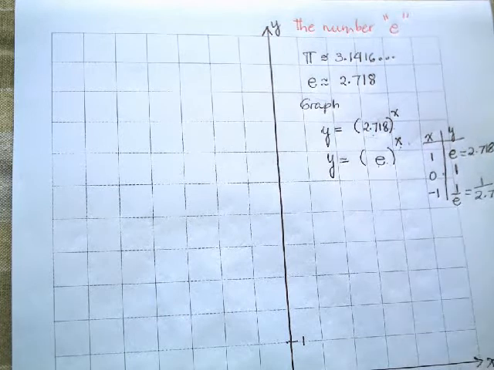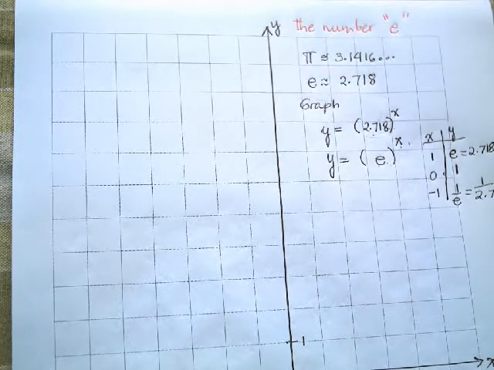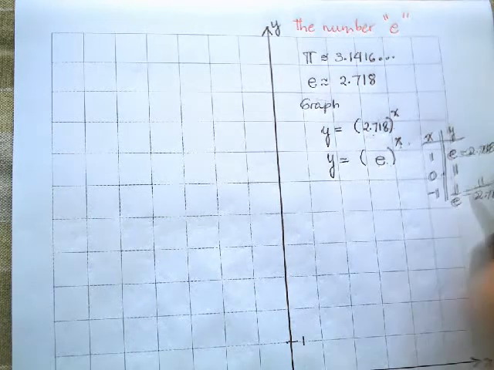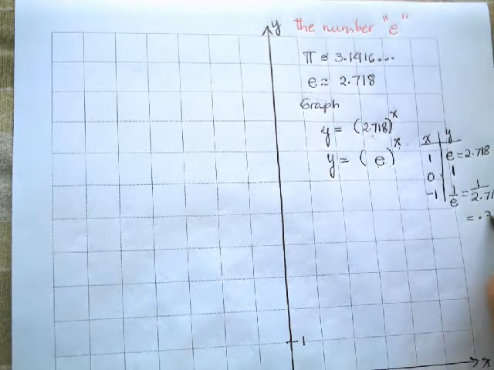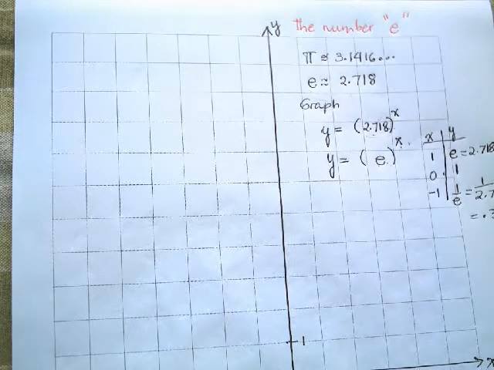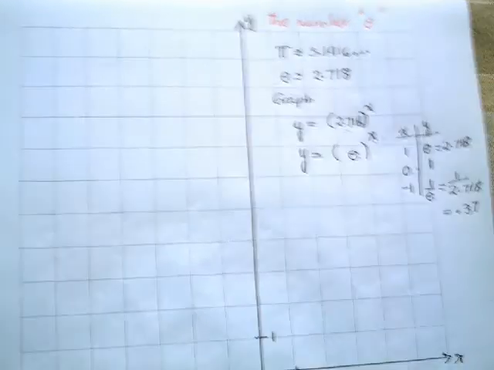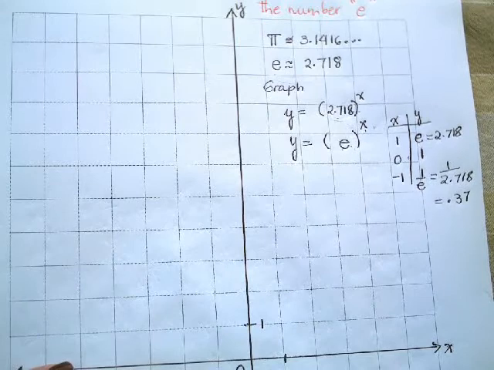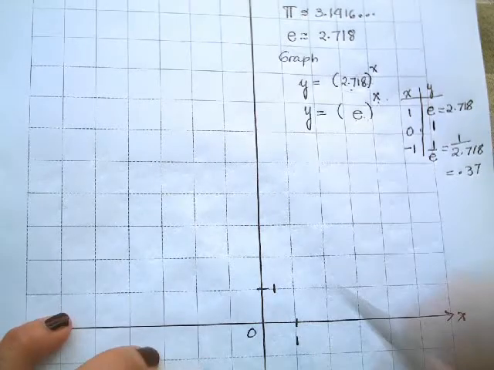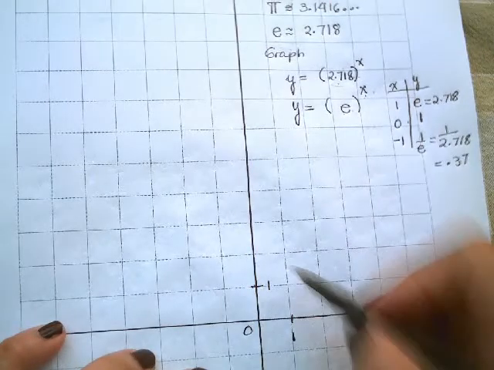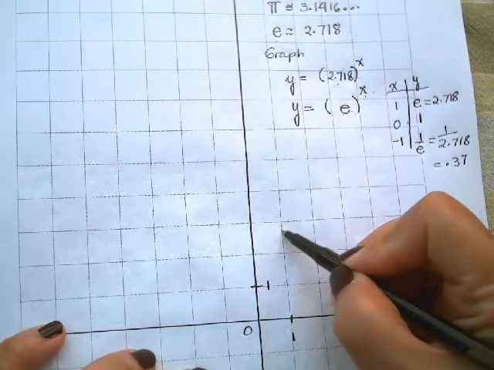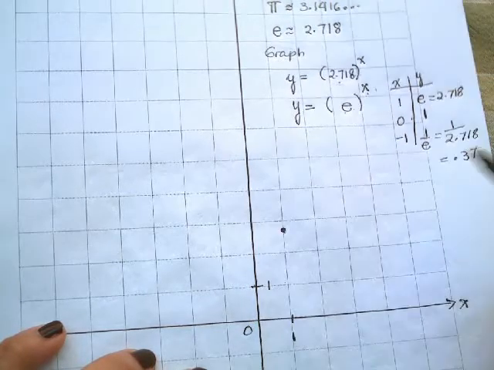Let's approximate that. You can use your calculator to get 1 over 2.718, and let's just use the value 0.37. So let's graph these three values on the parent graph.